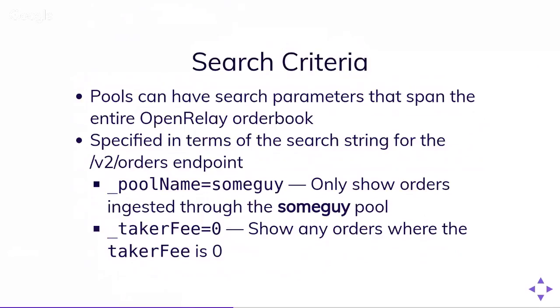So that could mean that for whatever reason there is no fee. Maybe it was submitted through a pool that does not require a fee, or it may mean that the maker is carrying the entirety of the fee. So these are the way you can handle search criteria.